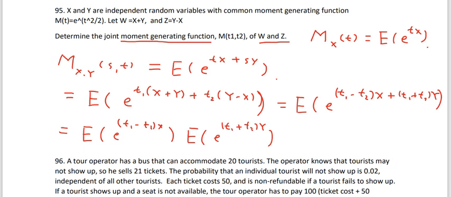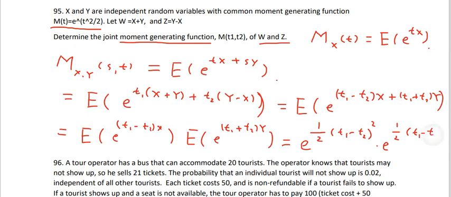So each becomes the moment generating function for x. We know the moment generating function for x is this, and for y it is also this. So we just plug it in. This equals e to the half of (t1 minus t2) square, and for the other, e to the half of (t1 plus t2) square, since t squared over 2.